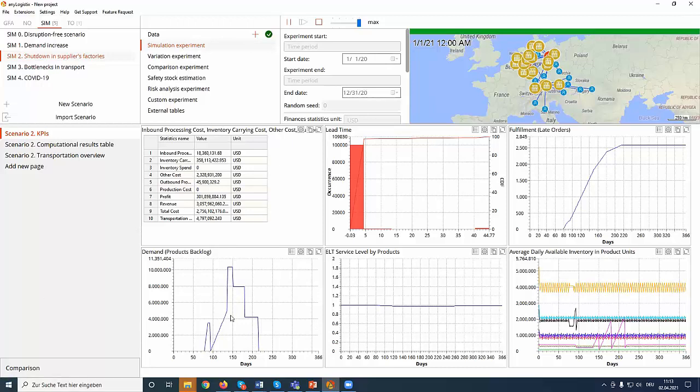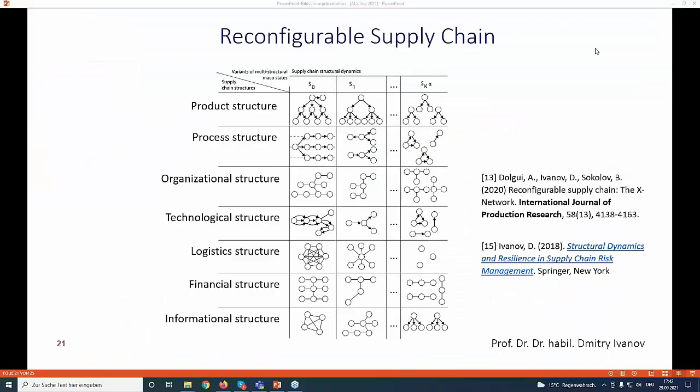That's why we don't have any new additional backlog through the second wave of the pandemic. So, this is an interesting tool to compare the impact of different disruptions on the supply chain.